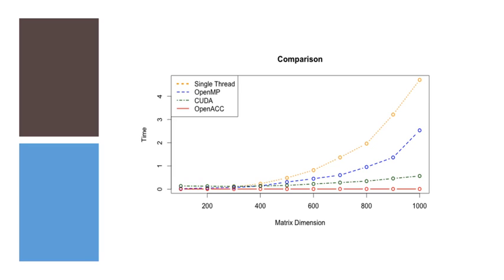The OpenACC compiler was able to optimize further by selecting dimensions according to its own analysis. As we can see from the graph, as the matrix dimension increases, the time in OpenACC decreases. And we can also see that in single thread, as the matrix dimension increases, the time to run the program increases.